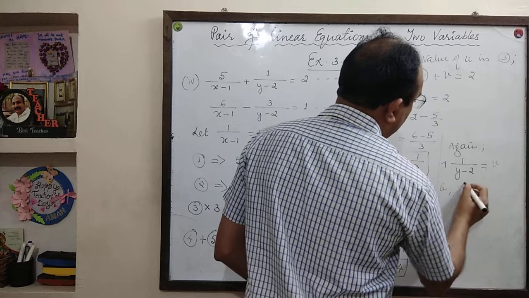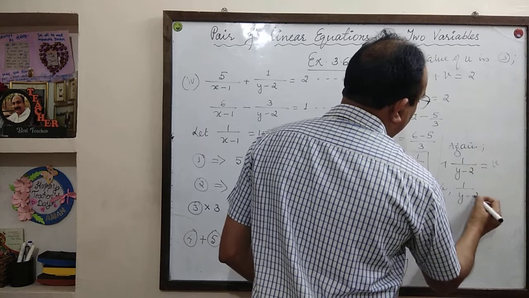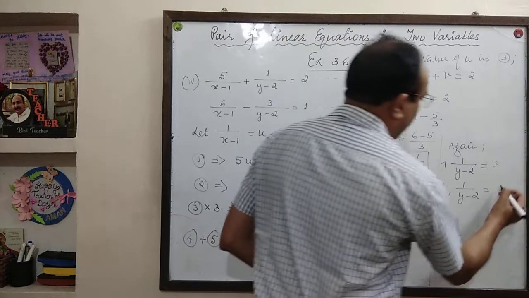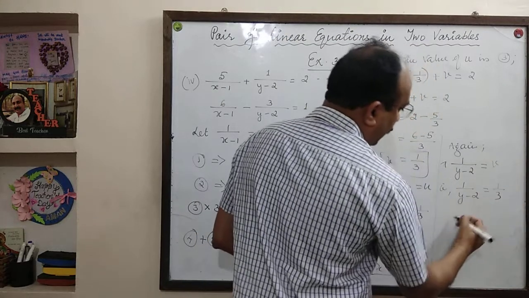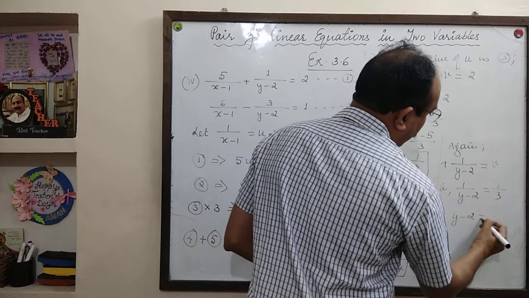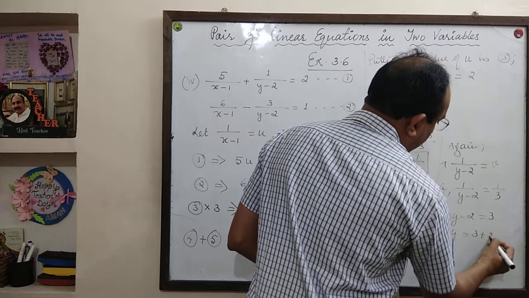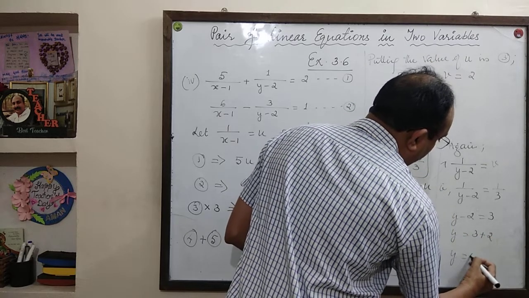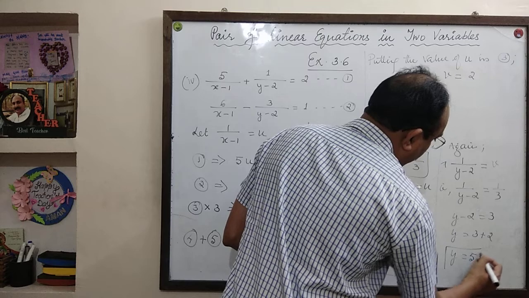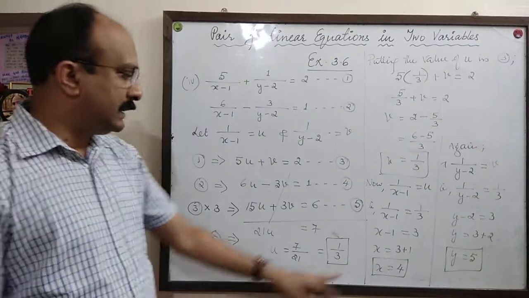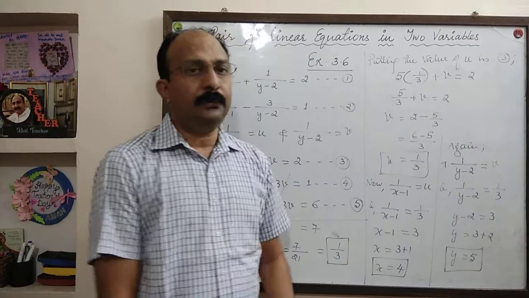That is 1 upon y minus 2 is equal to the value of v, which is 1 upon 3. Cross multiply. Y minus 2 is equal to 3. Y is equal to 3 plus 2, that is y is equal to 5. So finally we got the answers. X is equal to 4 and y is equal to 5.